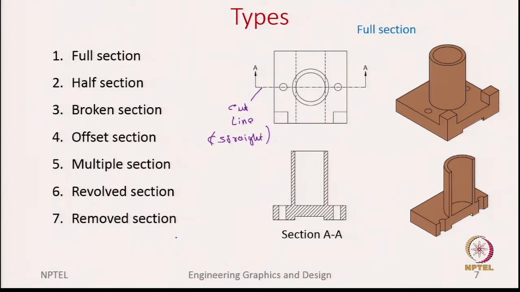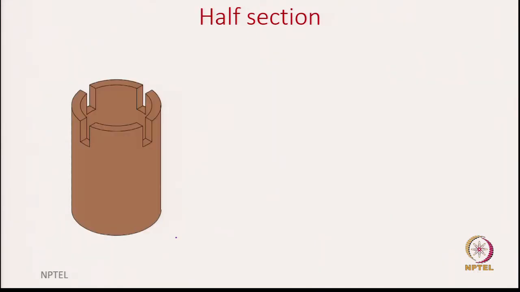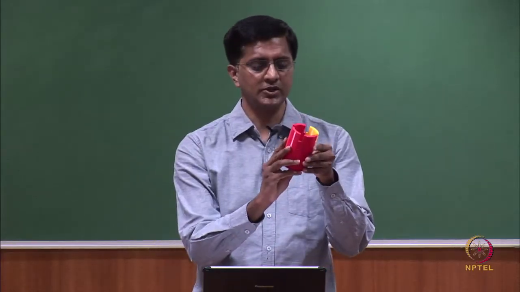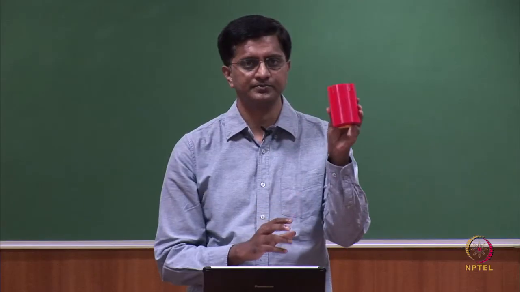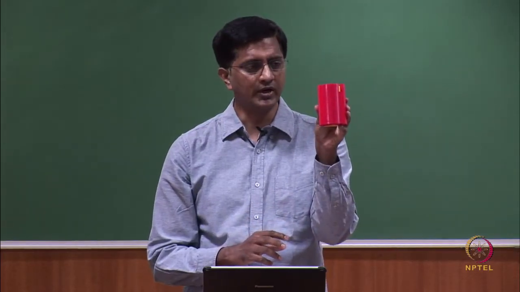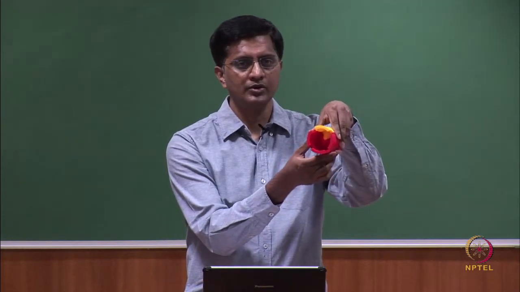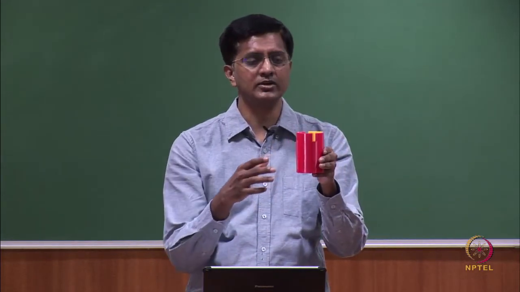Okay. So, now let us look at the other category, since we have already looked at the full section. The second one is the half section. What you see here on the screen is this object which we have 3D printed. If you are looking from the front as well as the top view, you see that it has some symmetry.